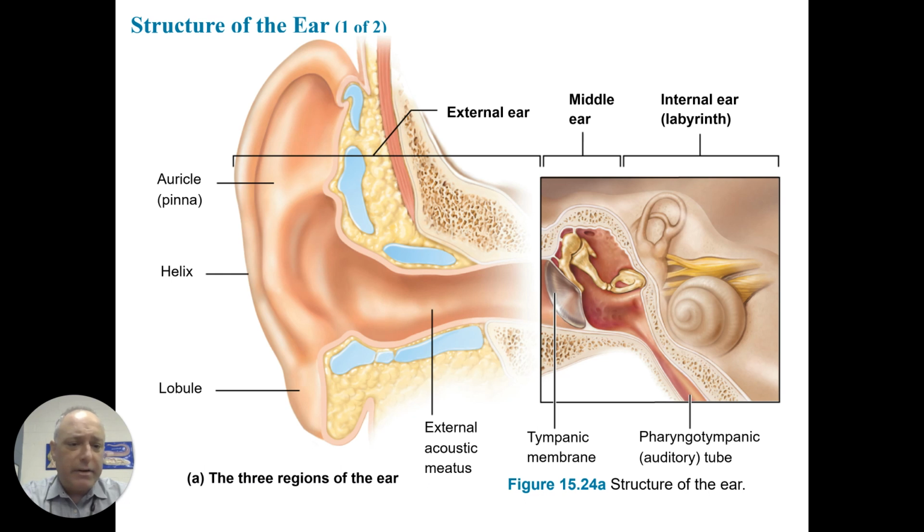And then the inner ear is a labyrinth, a cochlea, which detects acceleration, deceleration, as well as pitch of sound. Now the tube that then goes to the throat is the pharyngotympanic, or the auditory tube, or it's sometimes called the eustachian tube.